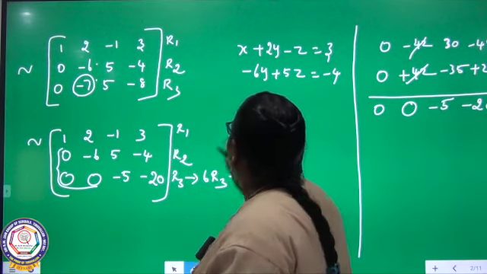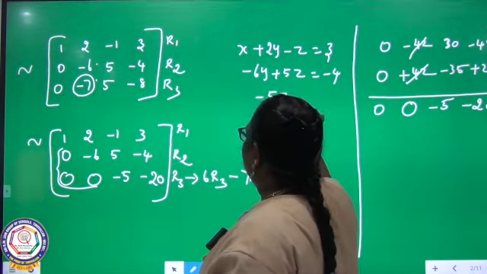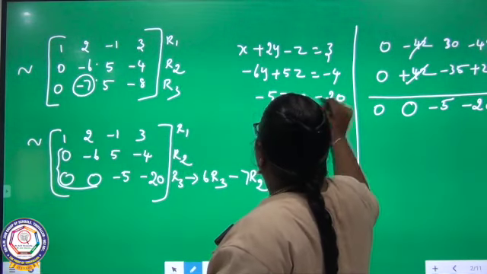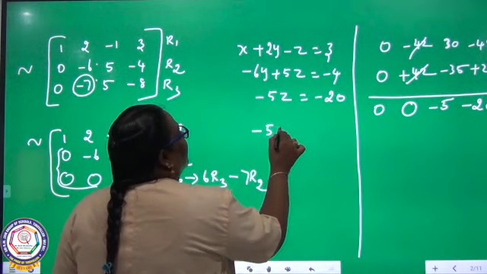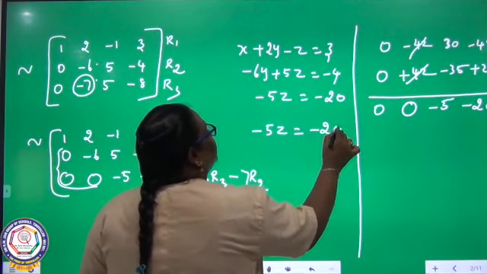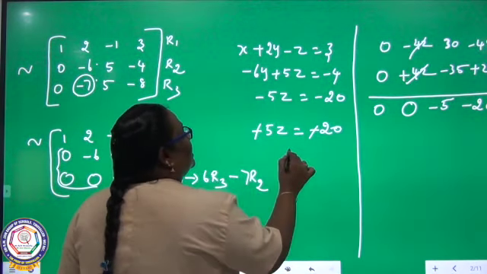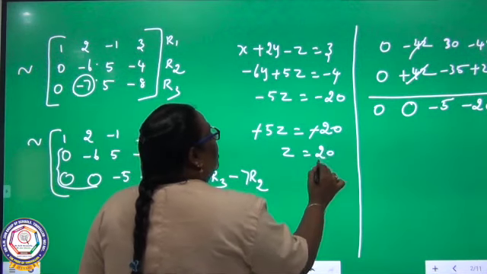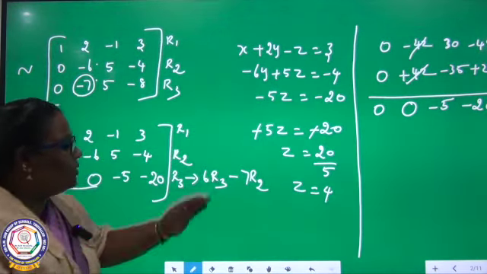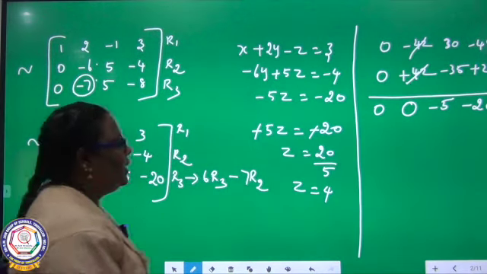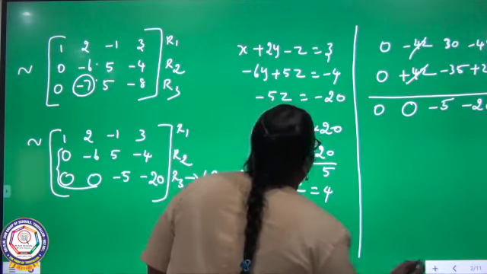What is the value of z? Minus 5z equal to minus 20. Minus minus get cancelled. z equal to 20 by 5. z equal to 4.